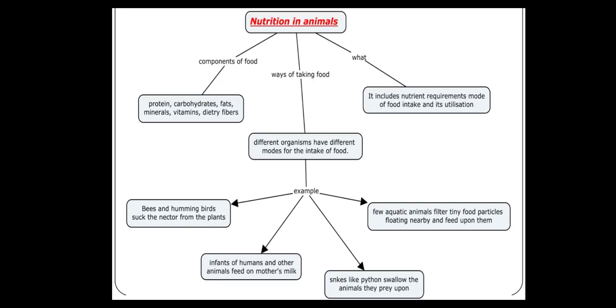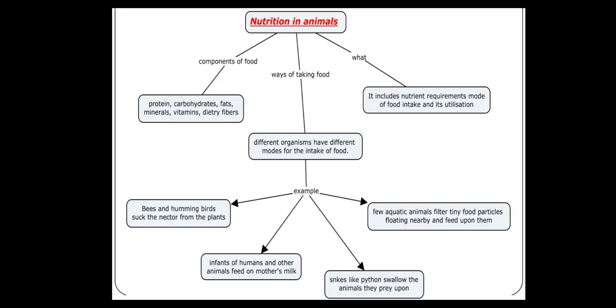Herbivores feed on plants. They eat plants. Carnivores eat animals. And omnivores eat both plants and animals. So this is the classification of heterotrophs. Heterotrophs are classified into herbivores, carnivores and omnivores.